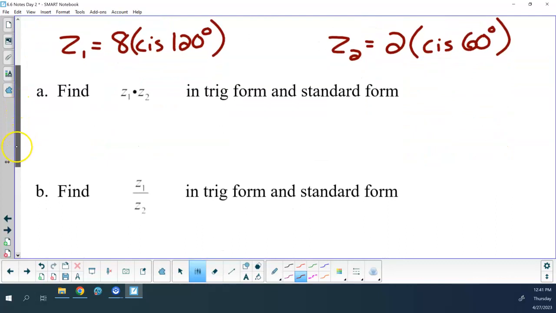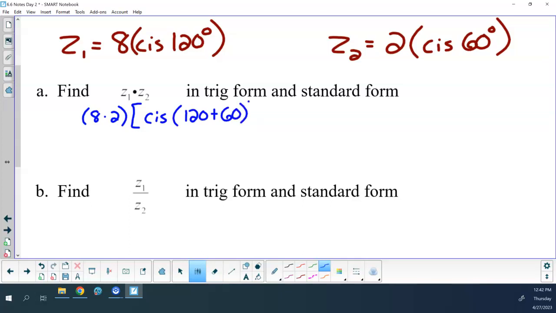So, let's do these two now. Z sub 1 times Z sub 2, that would be 8 times 2 and 120 plus 60. 8 times 2 is 16. 120 plus 60 is 180.